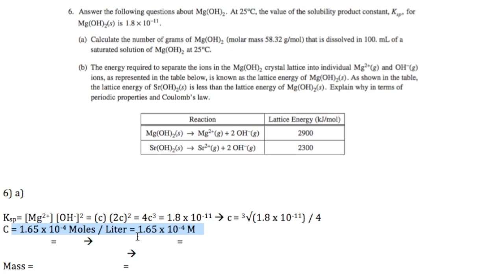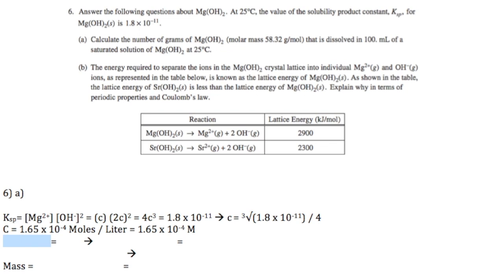But the instruction does not ask us to find the number of moles in a liter. It asks us to find the number of moles in 100 milliliters. And as we know, 1 liter is 1,000 milliliters, and so 100 milliliters would be equal to 0.1 liters.